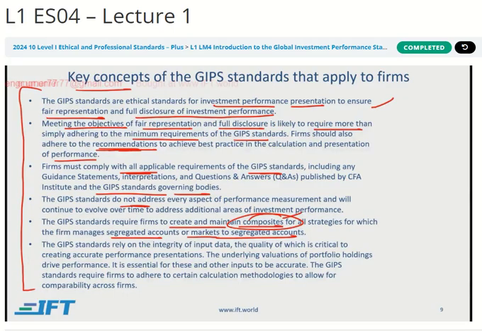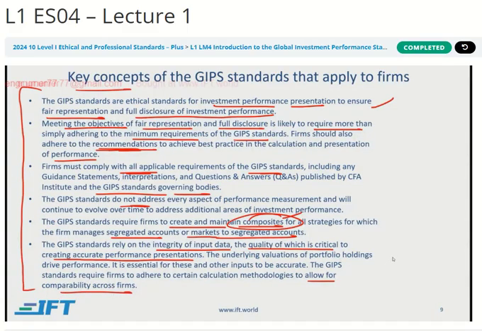The GIPS standards rely on the integrity of input data, the quality of which is critical to creating accurate performance presentations. The underlying valuations of portfolio holdings drive performance. It is essential for these and other inputs to be accurate. The GIPS standards require firms to adhere to certain calculation methodologies and to allow for comparability across firms.